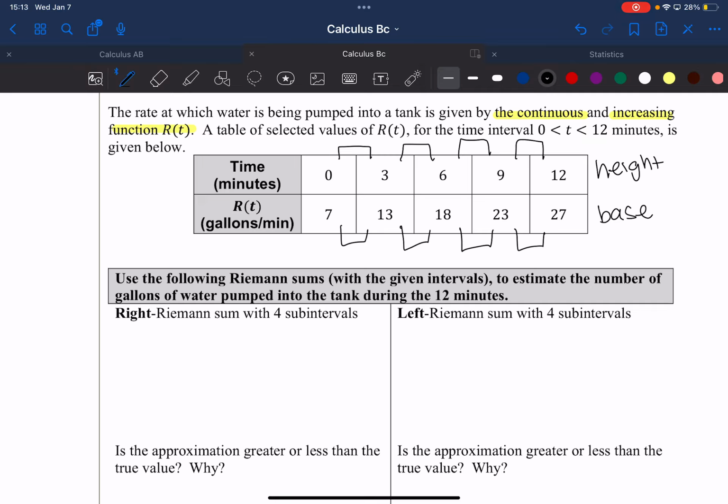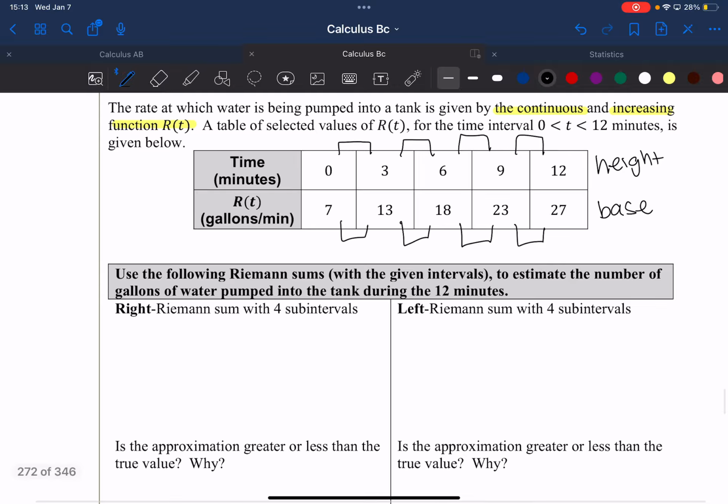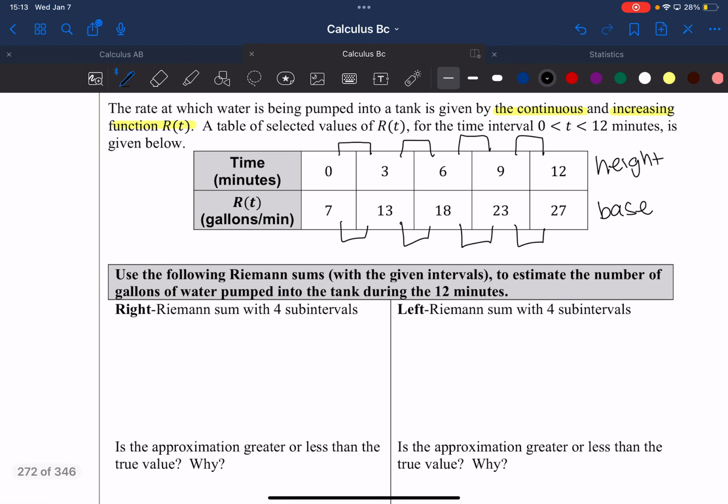And depending on which Riemann sum we're doing, left or right, is going to determine where we're looking and where we're starting on our interval. So for the right Riemann sum, we are going to start at the right side of the interval, which is going to be 12 minutes. Okay? And then we are going to go from 12 minutes to 9, 9 to 6, 6 to 3, and then 3 to 0 to represent all our intervals for height.